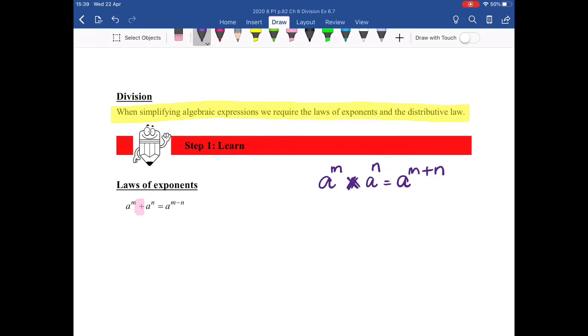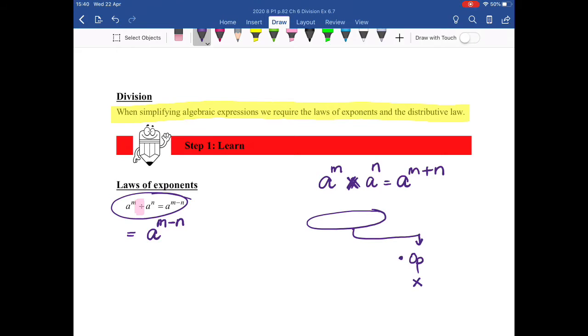Before, remember we said when I divide, I write down my base and subtract exponents. Remember, the first thing was circle terms. This is one term. So the first law, our operation was multiply, and what do we do with the exponents? We add the exponents.